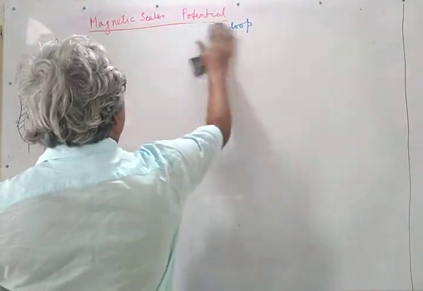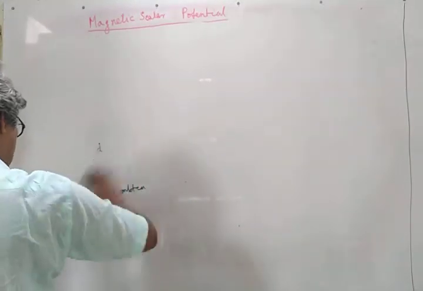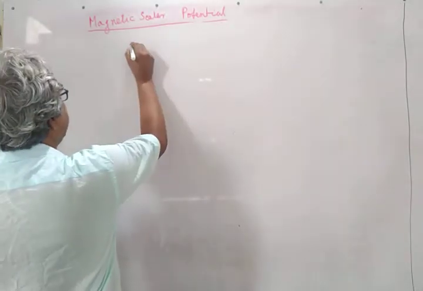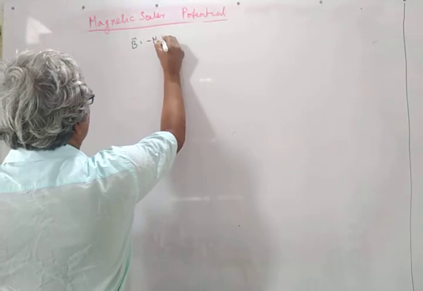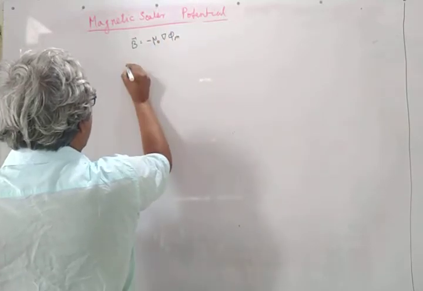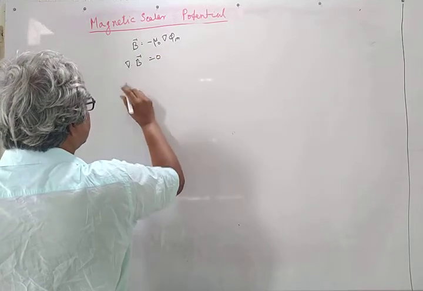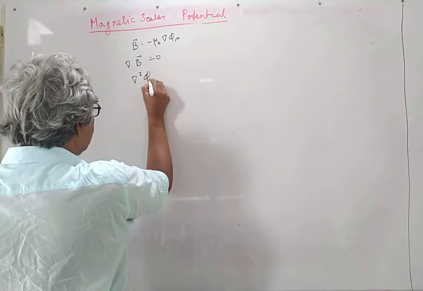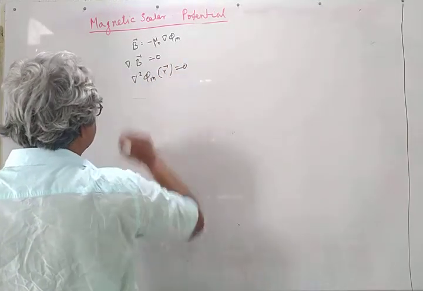Now, we know that the defining equation for the scalar potential is that B is equal to minus mu 0 grad of phi m, and we know that divergence B is 0. When we use these two, we find that the Laplacian of phi m is 0 always.